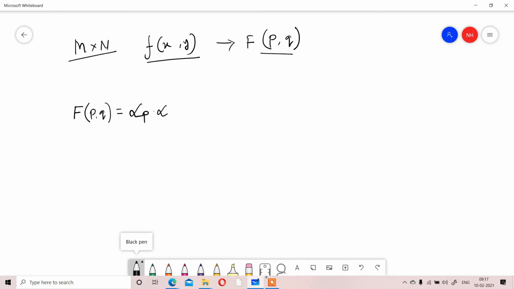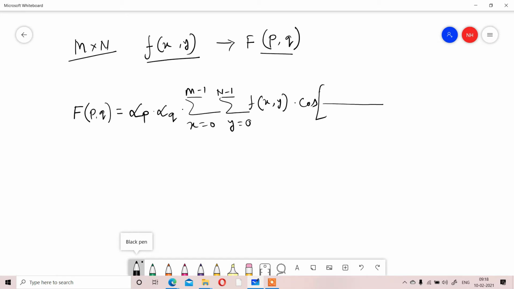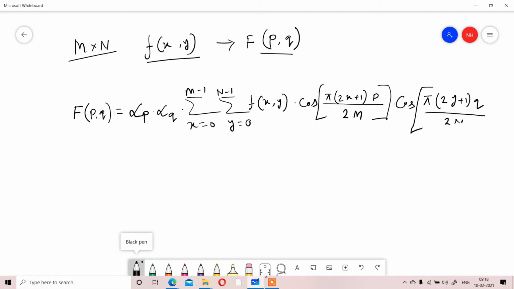alpha p alpha q, summation of x equal to 0 to m minus 1, summation of y equal to 0 to n minus 1, f(x,y) cos of pi multiplied by (2x plus 1) into p by 2m, that is the size, and that is also multiplied by cos of pi (2y plus 1) multiplied by q by 2n.